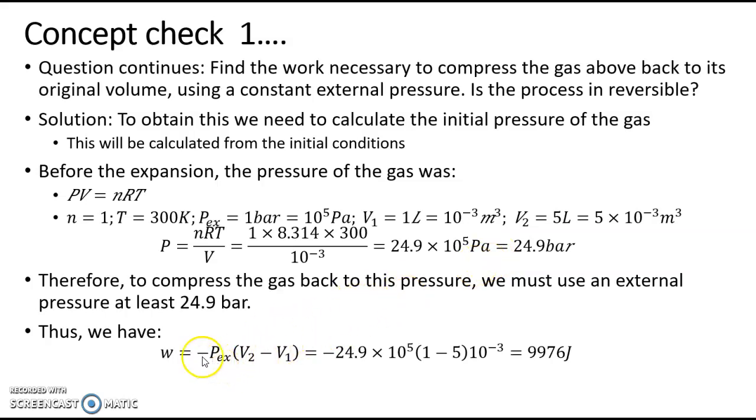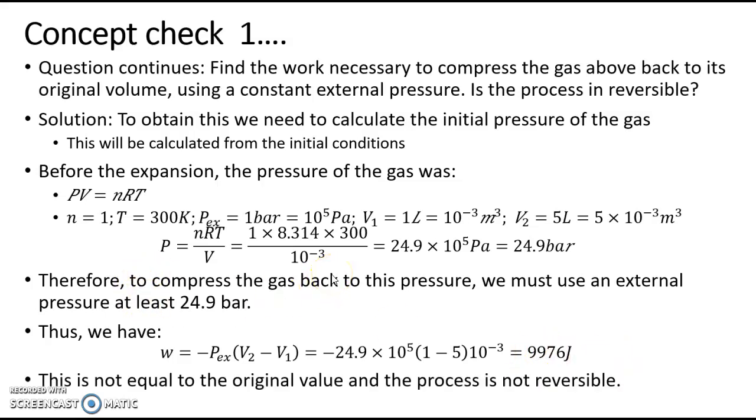So this gives us W is minus P external into V2 minus V1. So our P external in this case is now 24.9 times 10 to the 5 times, so the final volume in this case is 1 minus 5, with a conversion to meter cubed. If you plug all this in, we have 9,976 joules. That's about 9.98 kilojoules.